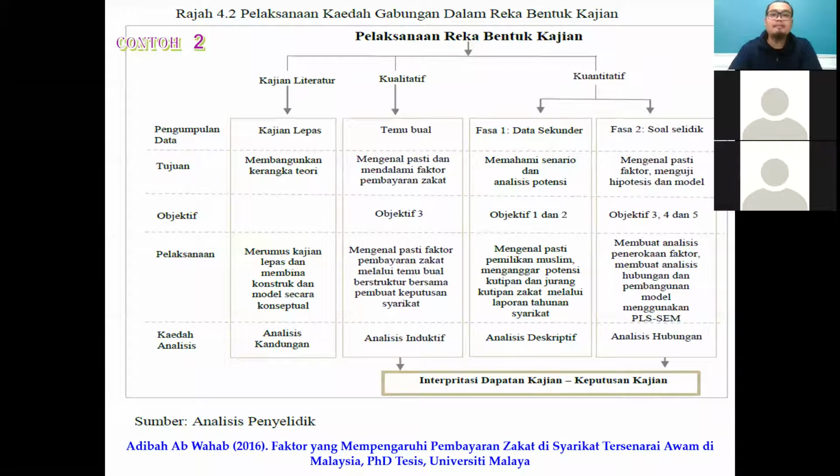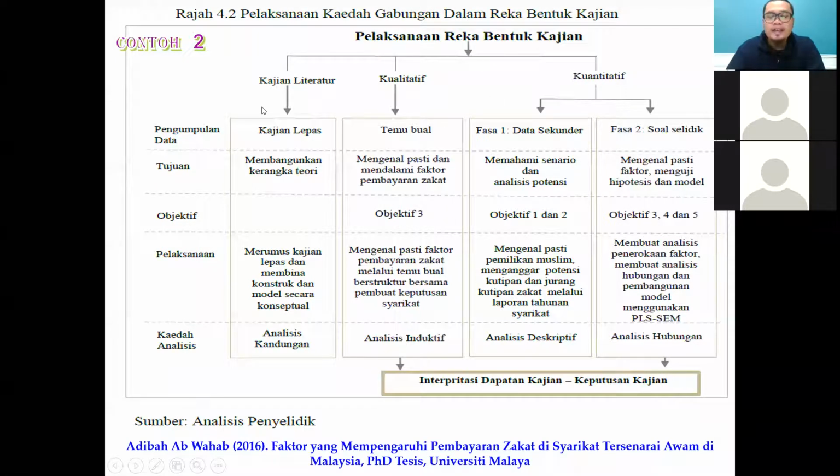Okay, this is another example of how the researcher Adiba Abdul Wahab applied Creswell, but showed another visual, applied to make it very simple and practical to understand. In this research, they use qualitative and quantitative. They use the mixed method.